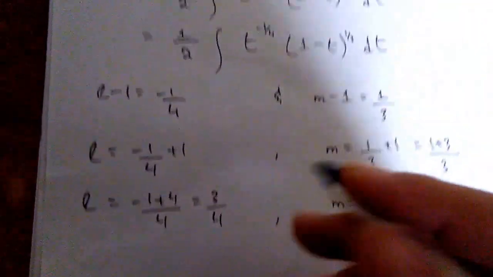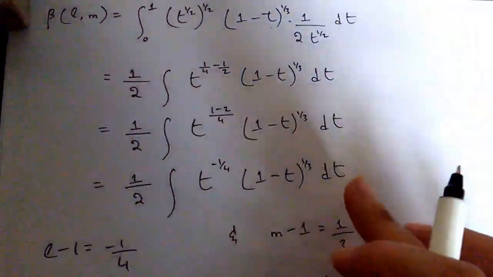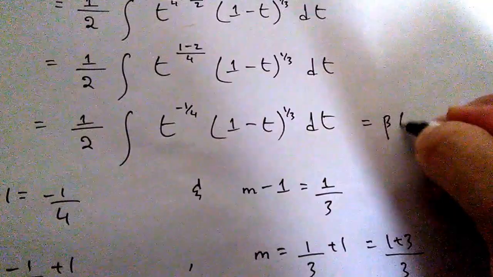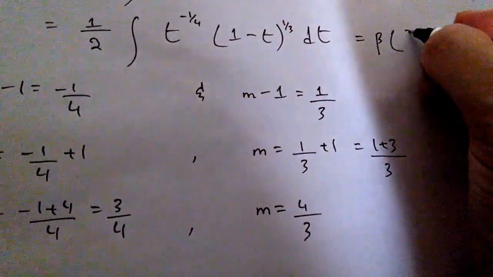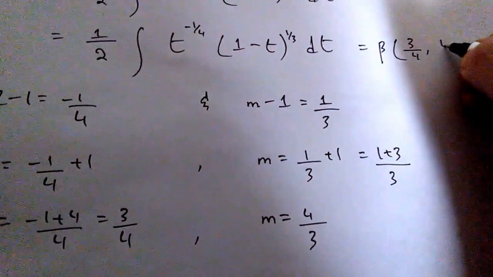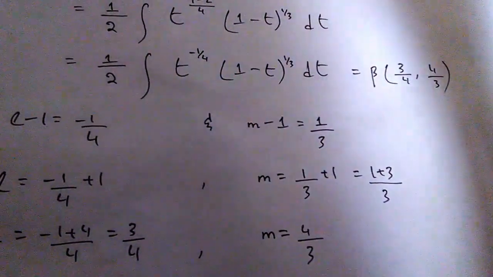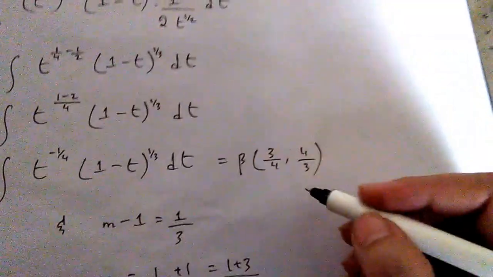Alright, so this thing tells us that our beta L, M, which is equal to this, is therefore expressed as beta of L, which is this, and M, which is this. This is it. It's done. Now in the next step, we are coming to the end of this question.